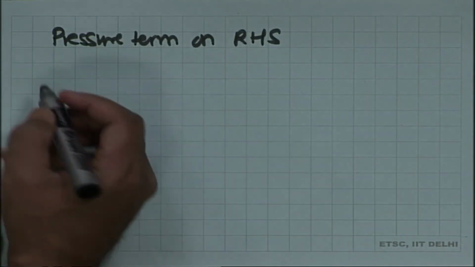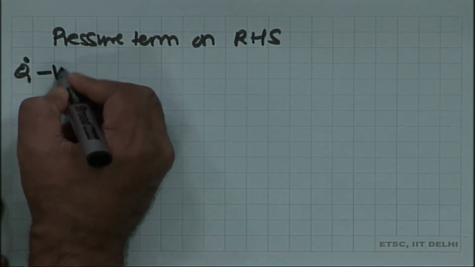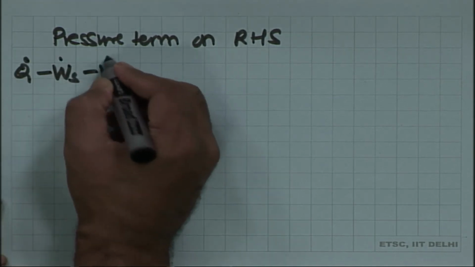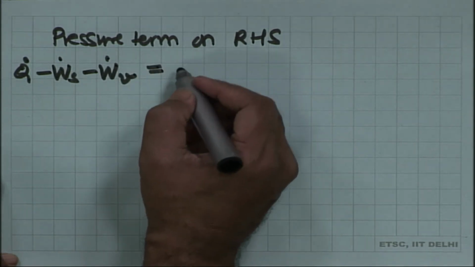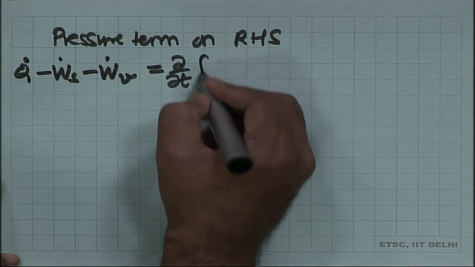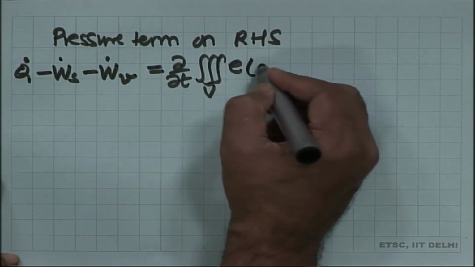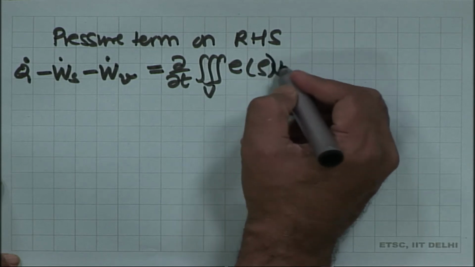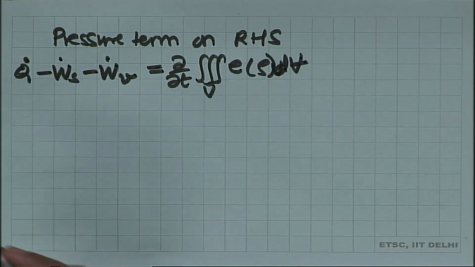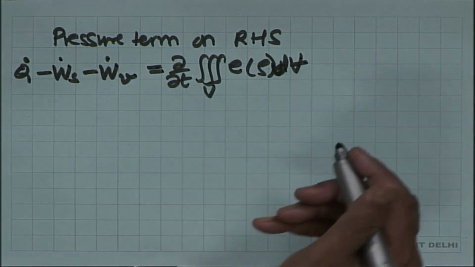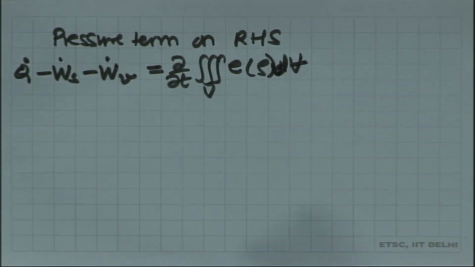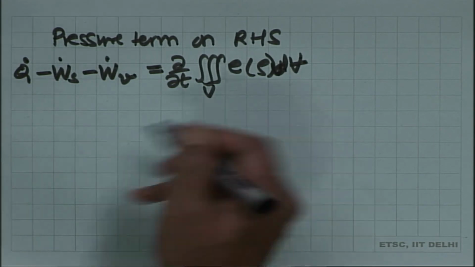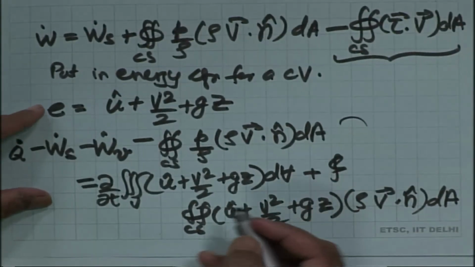So, when I do this, I get q dot minus w dot s minus w dot v is equal to d by dt of the integral of e rho dV. That is what I will put as the first term. It is e times rho dV.